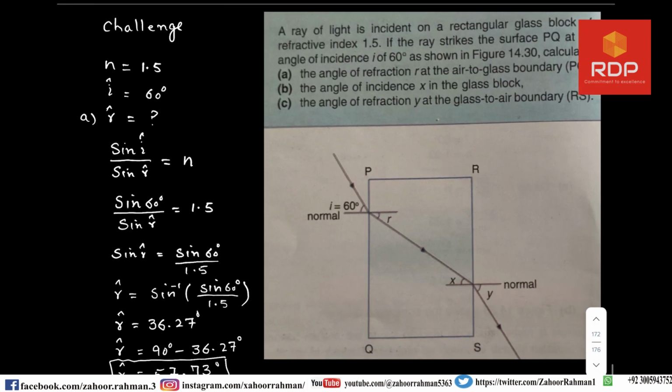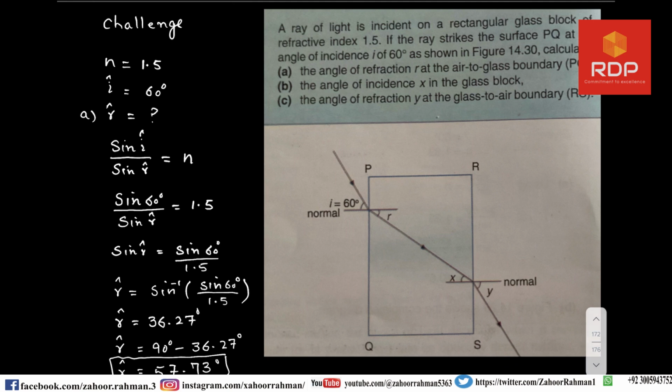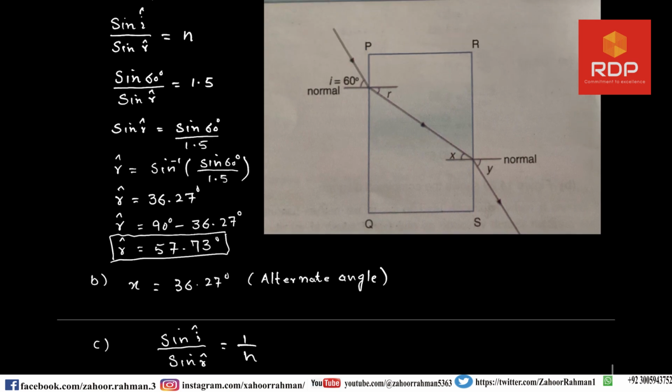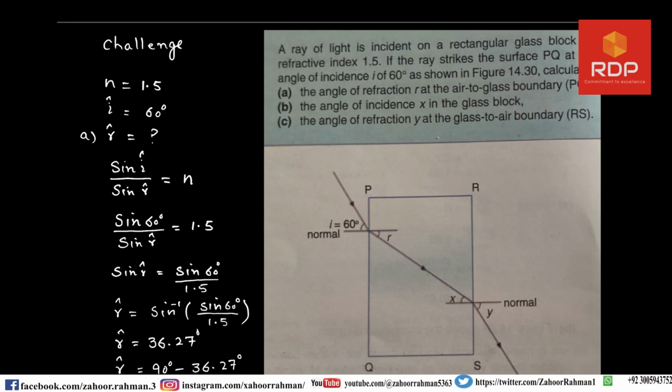Now there is a challenge question given, and challenge questions are always challenging. Let us understand this. I solved it for you in advance because there were calculations involved in it. So I did it, and let me explain it step by step. A ray of light is incident on a rectangular glass block of refractive index 1.5.